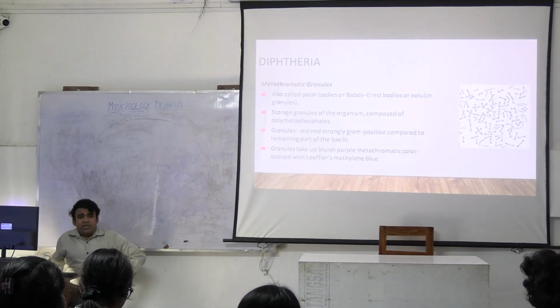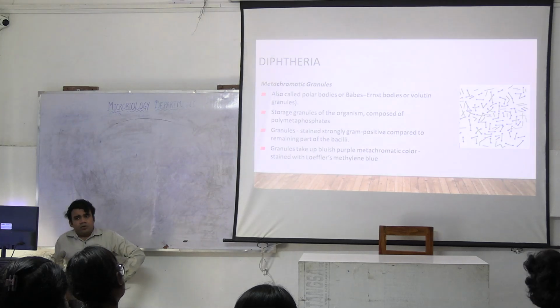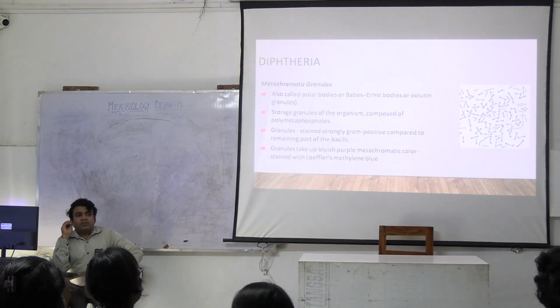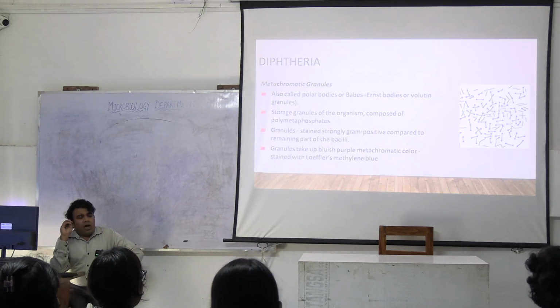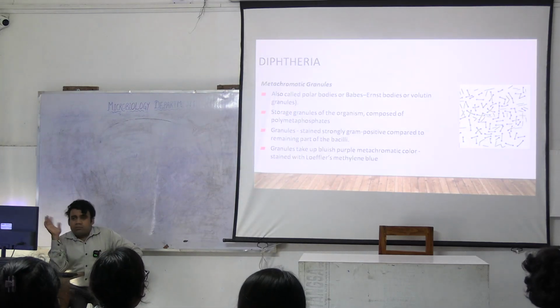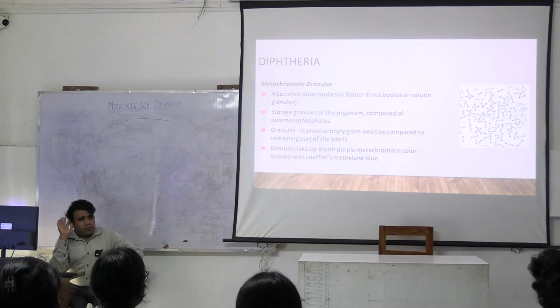And on Albert staining, we can observe greenish colored bacteria with blue colored granules or metachromatic granules. Now, this microscopic report is most of the time sufficient to start treatment for diphtheria. The culture report will take some time, but you have to start the treatment based on the microscopic report.